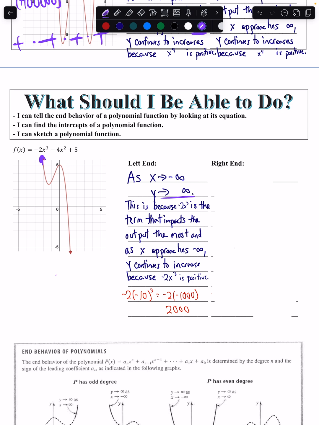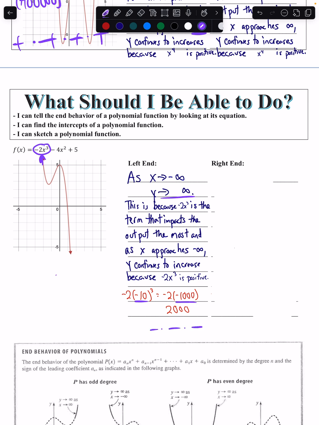Why is this the case? Well, the negative 2x to the 3rd is what is going to impact the output the most. So let's plug in a really negative number. Negative 10 is not that close to negative infinity, but when you plug in negative 10, you get negative 1,000 because a negative times a negative times a negative is negative.